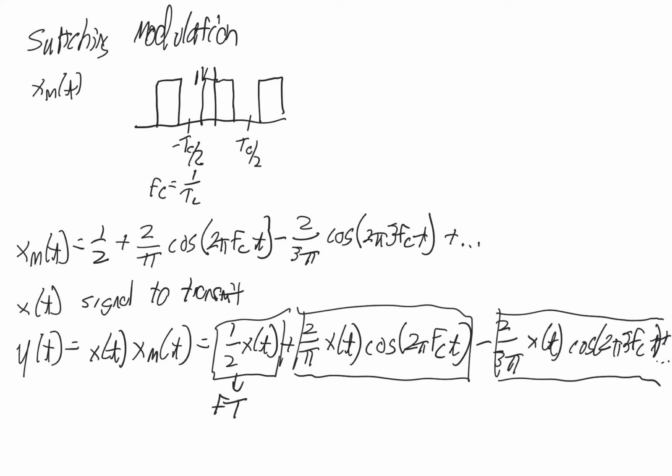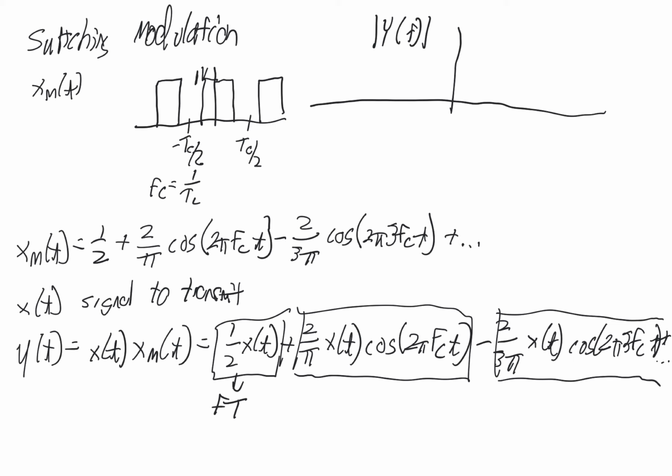We can consider all those Fourier transforms separately and then add the results back together. And let's do a graph of the magnitude spectrum of y here. So I have y, which is my modulated signal, my signal that is switched on and off, and I have some interesting things happening here.